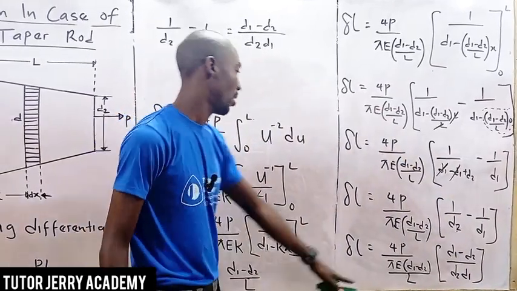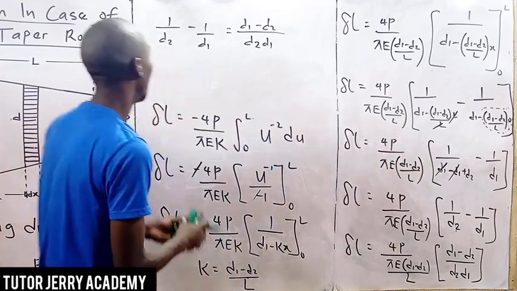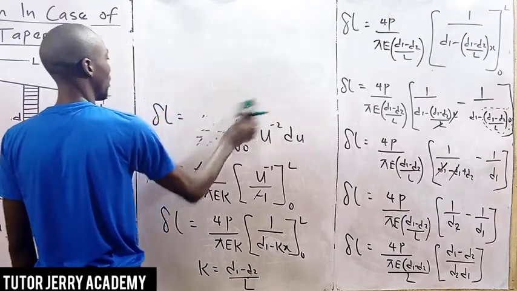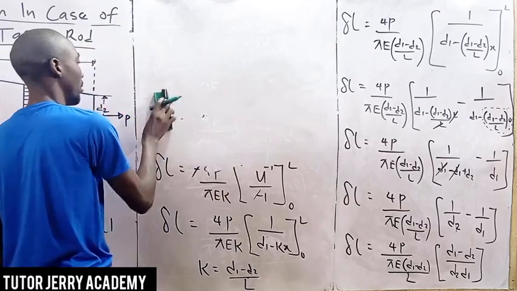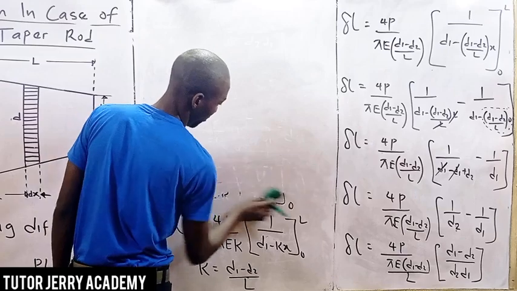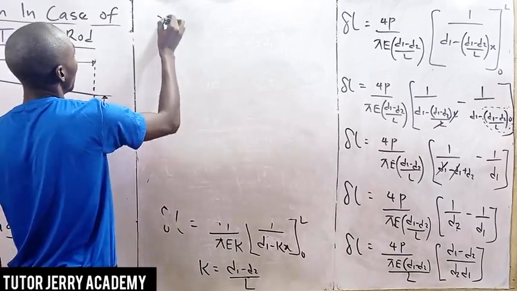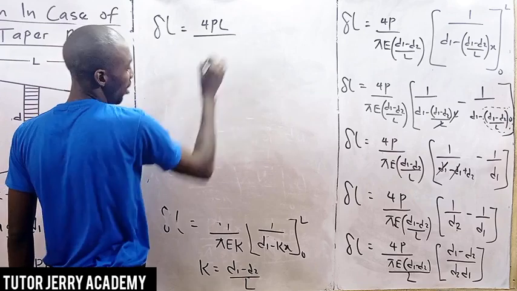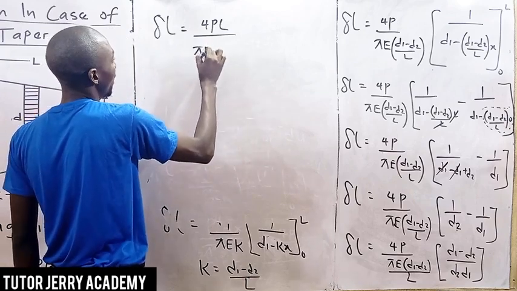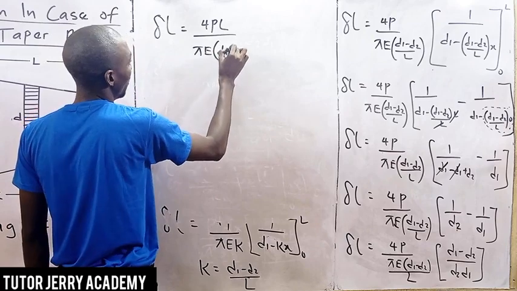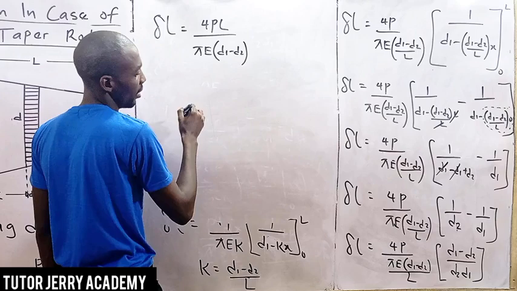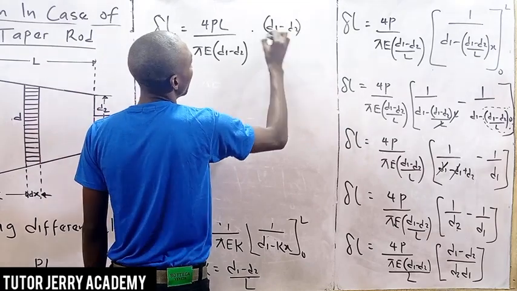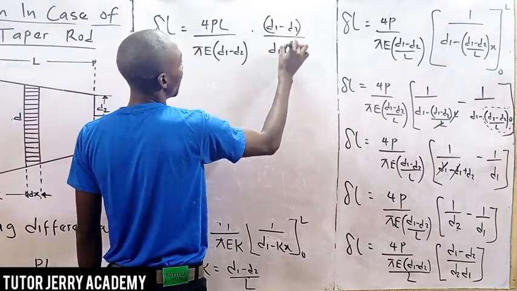So now from here, this L will come back up. Thus we are going to have the dL to be equals to 4PL all over pi E into D1 minus D2, then multiplied by D1 minus D2 all over D1 D2.